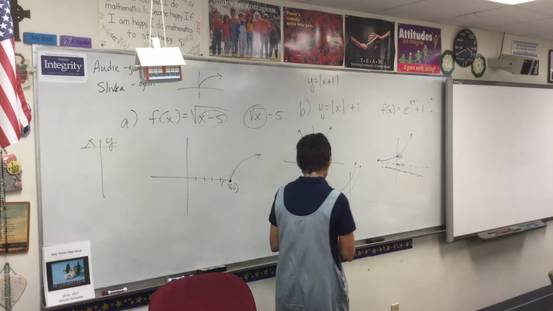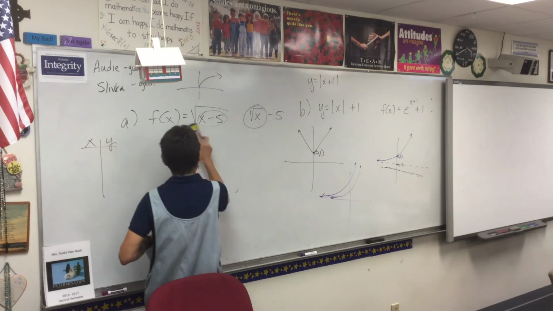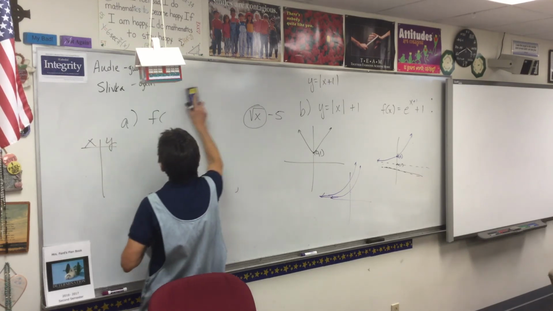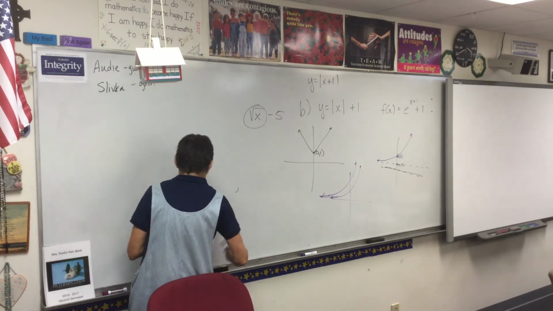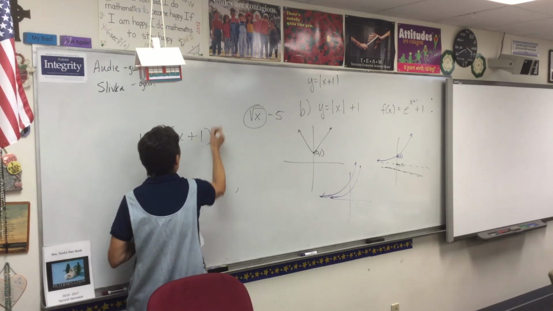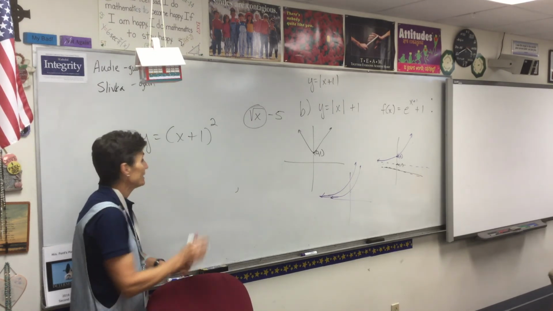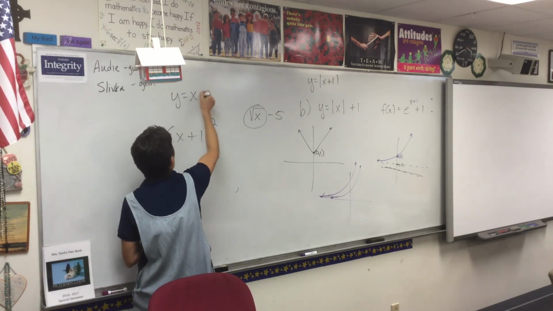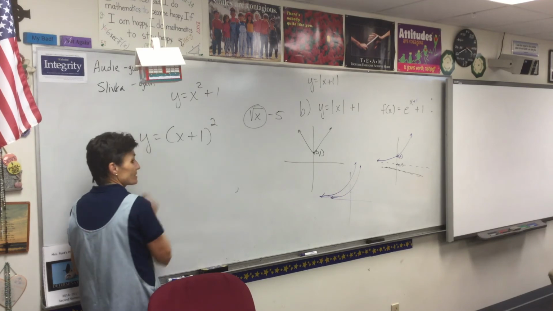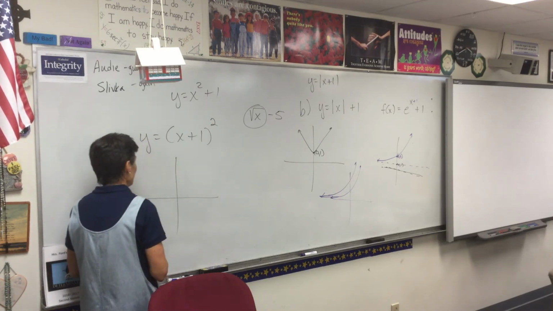All right, 2 more. Here we go. Tell me about D. It's attached. It's a squaring function, and the 1 is actually inside the problem. It's not outside, it's inside the problem. So what shape is it, first of all? Parabola.